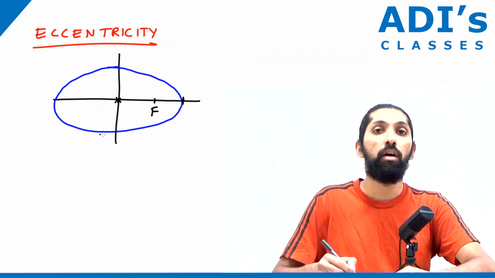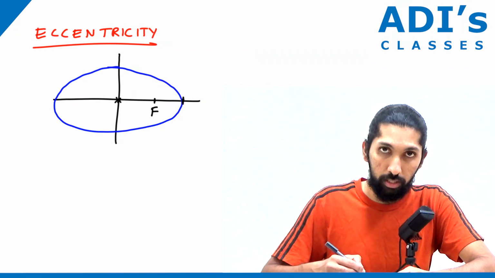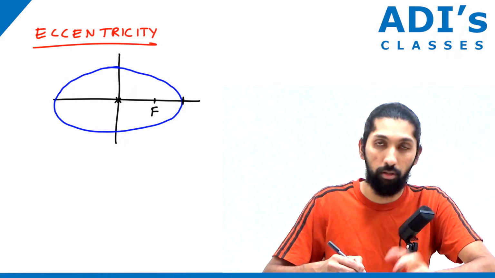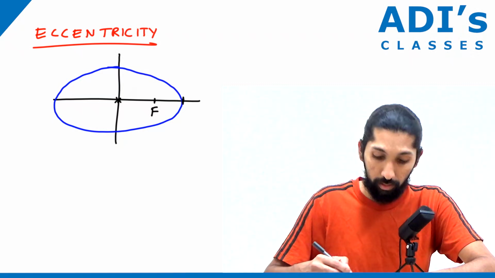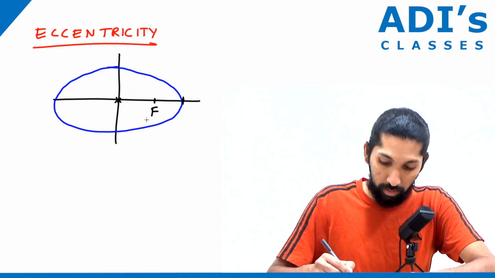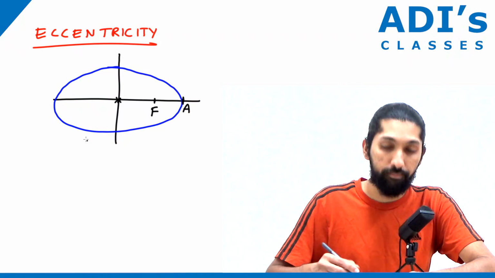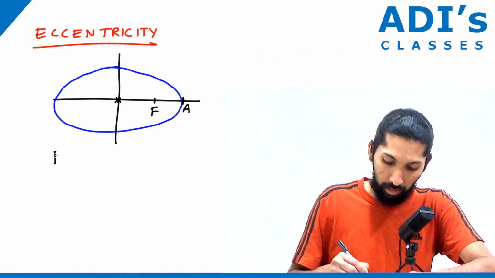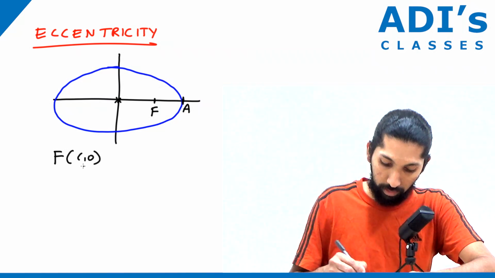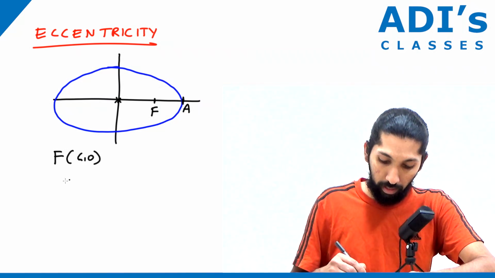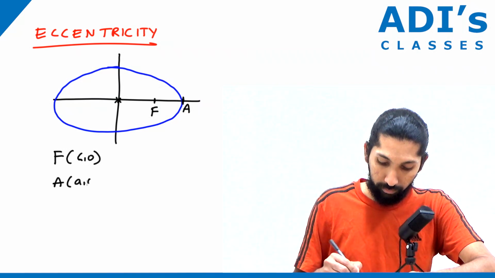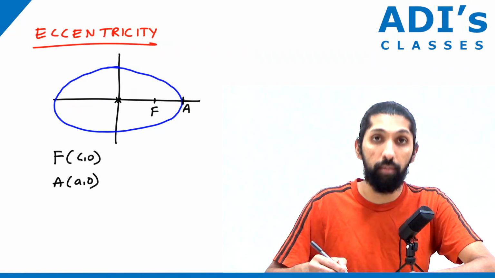Again, depending on different books, you can change the names, the center, the vertex, a lot of things. From the origin, assume this distance is A. The focus is at (C, 0), and the vertex is at (A, 0). Remember, this is the semi-major axis.